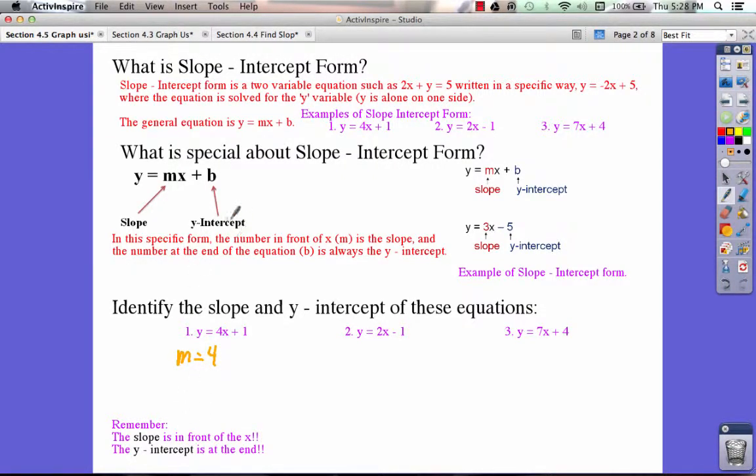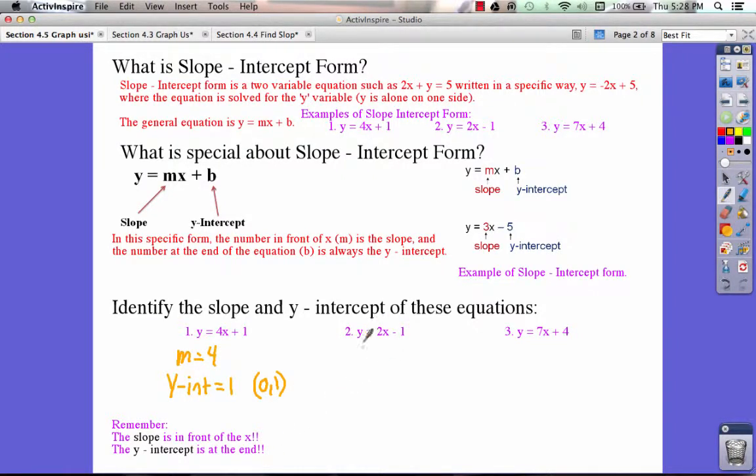And our y-intercept is always the number at the end of the equation. It's positive here, so our y-intercept is 1. And I would like to see you write the coordinate next to it instead of just writing 1.